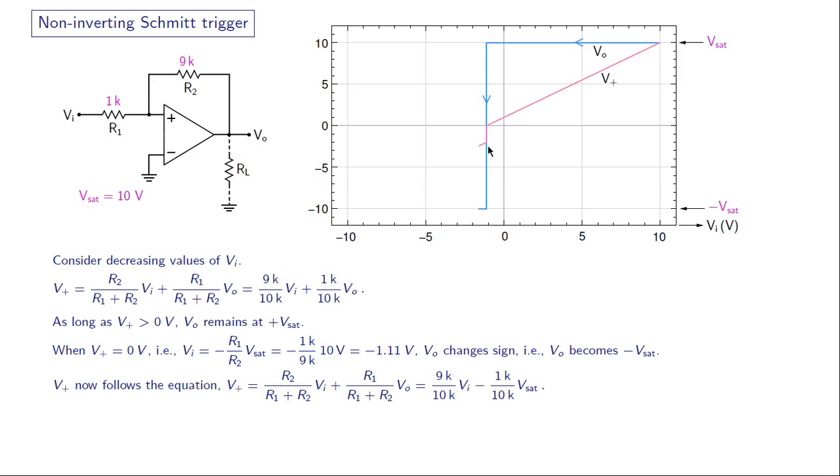So V plus will keep going down, it will become more and more negative as Vi is decreased. If V plus continues to be negative, that is less than V minus, VO will then continue to be minus Vsat, and we would expect VO to stay at minus Vsat.